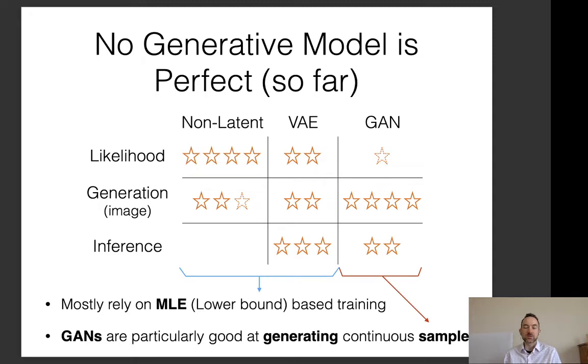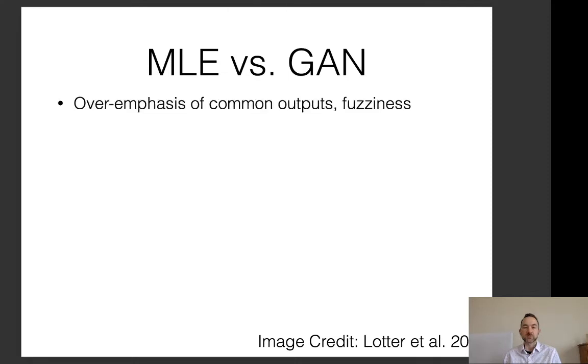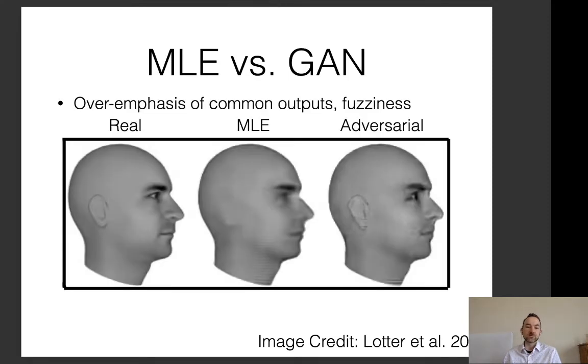Long story short, GANs are a good tool to generate very natural looking text and can smooth out some of the issues that other methods for generation can have. This is an example of a maximum likelihood estimation trained model versus a GAN trained model. If we look at the real one on the left and the MLE one in the middle, we can see that the real output is rather sharp.